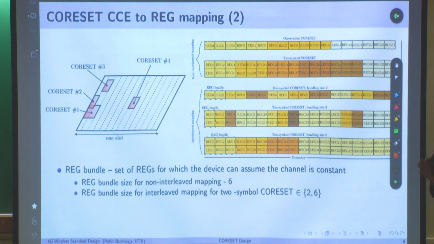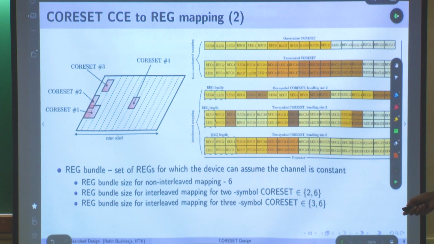Because we want to make sure that if the base station does not have reliable information, it at least interleaves these REGs such that if a user observes bad channel condition here, there is a hope that it will observe good channel condition, because these REGs are separated from these REGs by a certain number of PRBs, right, okay.